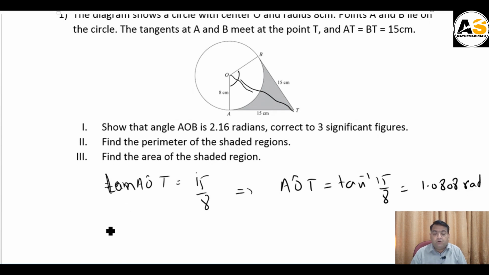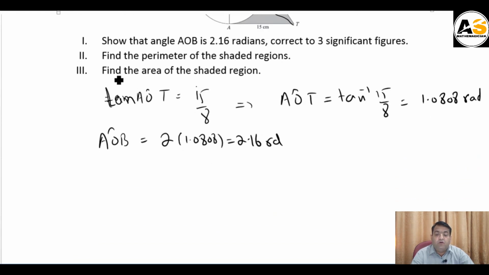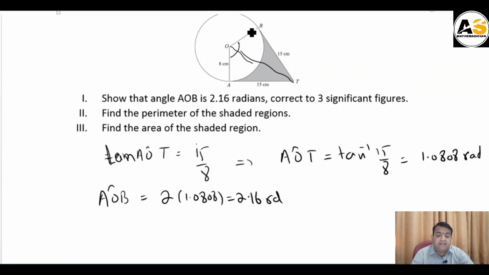From here you can see that angle AOB is equal to 2 times angle AOT, which is 2 times 1.0808, which will be 2.16 radian. We were required to show that this angle AOB is 2.16 radian. Now we have to find the perimeter of this shaded region, which is basically arc length plus 15 plus 15.